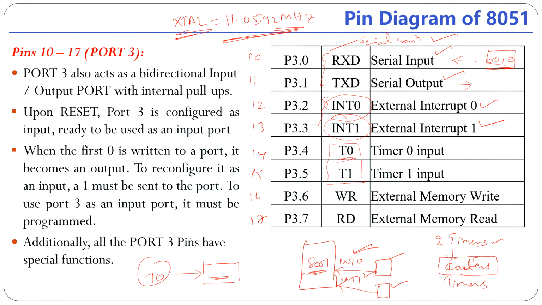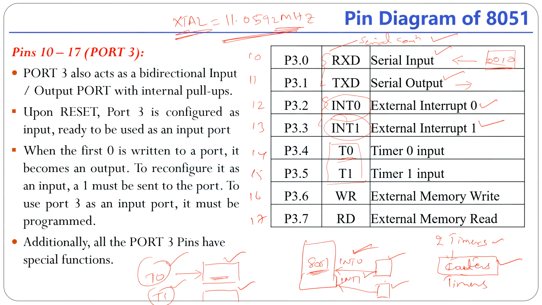So T0 and T1 are external inputs for the timers when they are operating in counter mode. This is the timer 0 input pin, this is the timer 1 input pin. There are two timers, so that's why two external pins are provided as inputs for the timers in counter mode of operation.